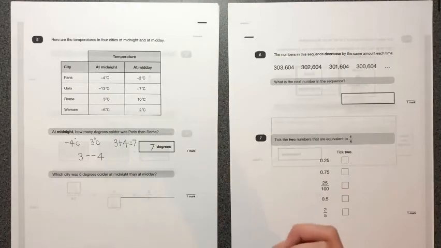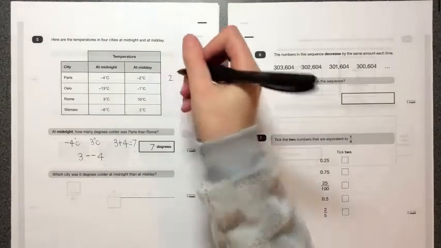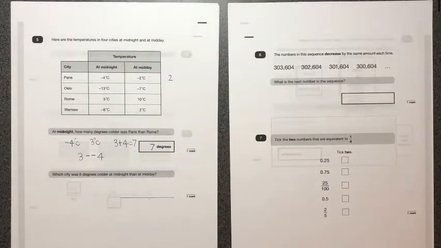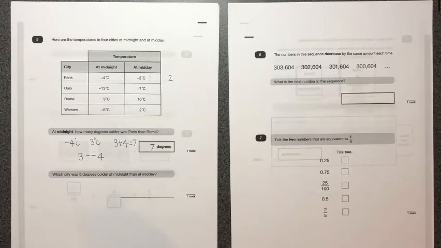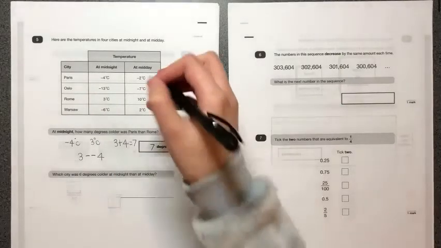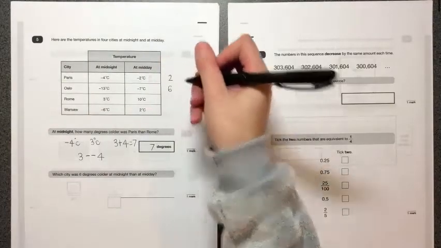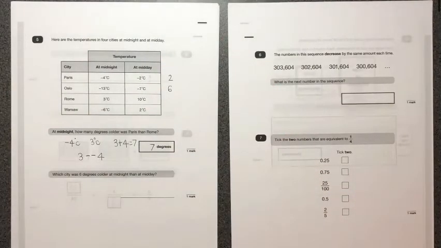So at midnight it was 2 degrees colder. Now Oslo, -13 and -7. That means that it was 6 degrees colder at midnight.